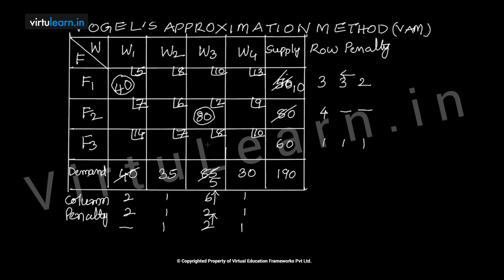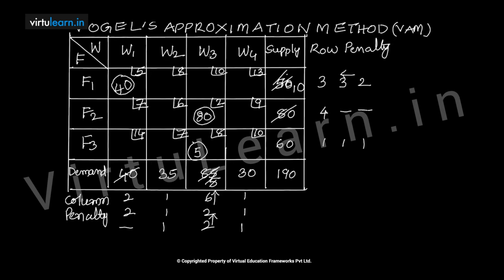So here we will make 5, because in this column least one is 8, because 2 is already exhausted, and here 5 we have to make allocation. So here I'll write 5. So this 5 is also allocated. We don't require any units in W3. Now again we will go and make penalties.